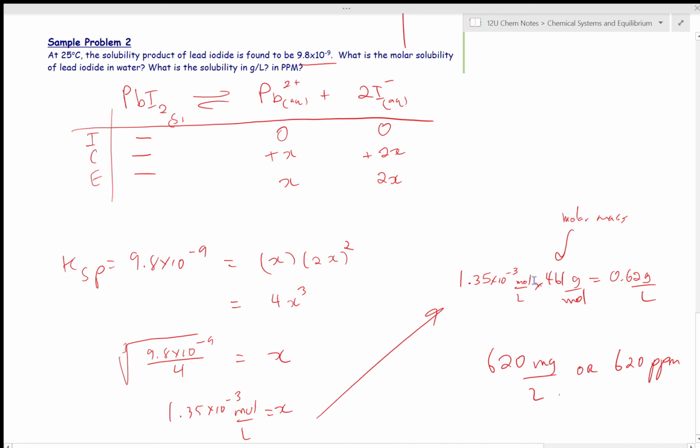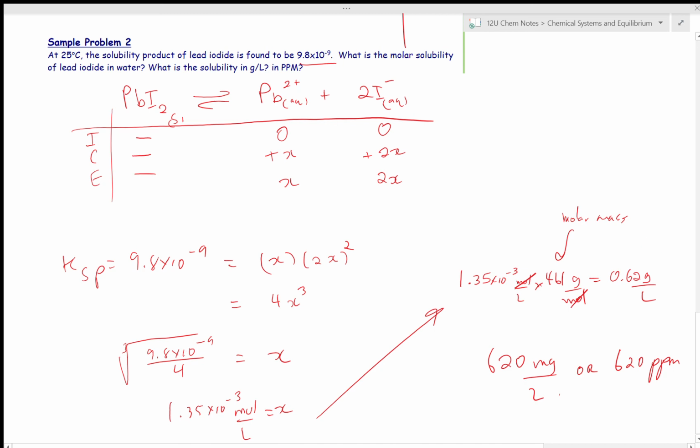And of course, when you do that, the moles on the top in terms of the concentration will cancel out with the moles on the bottom and produce grams over liters. And so I end up with a concentration in grams per liter of 0.62 grams per liter.